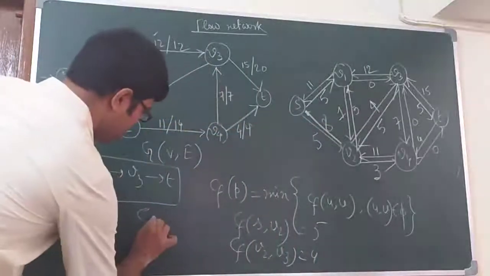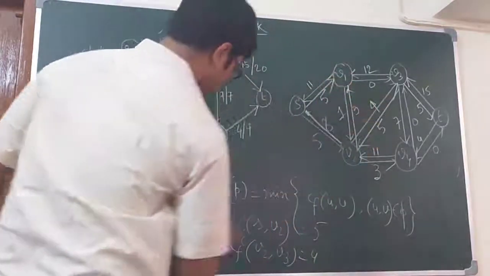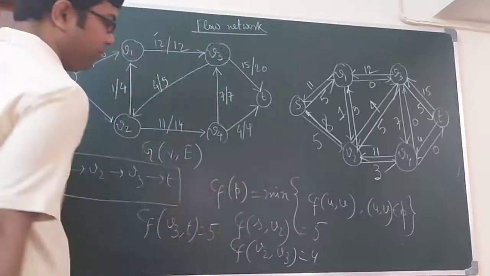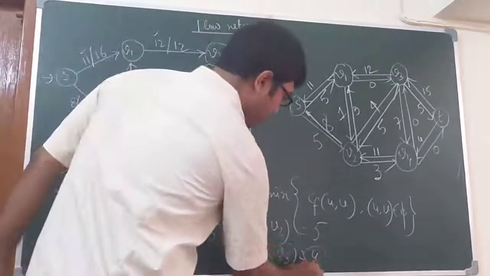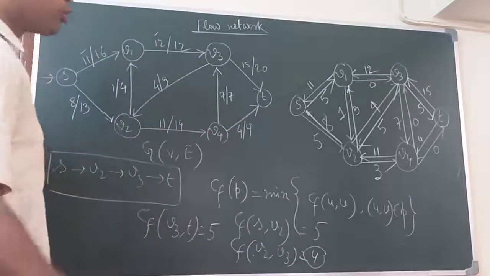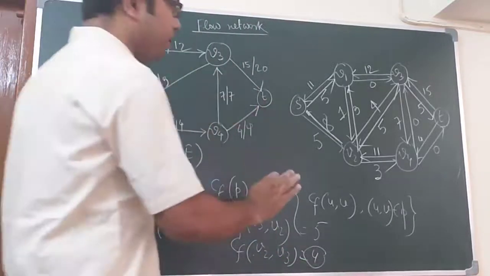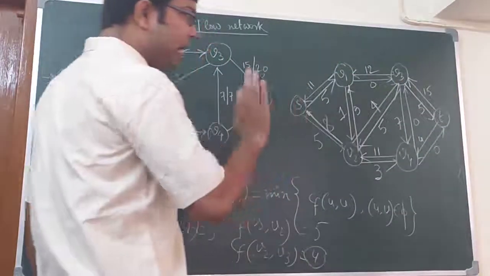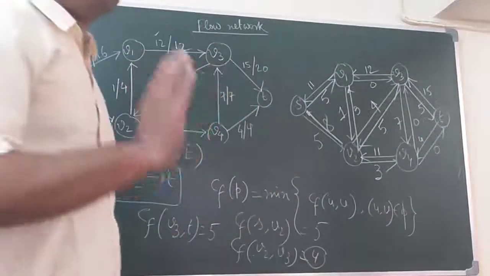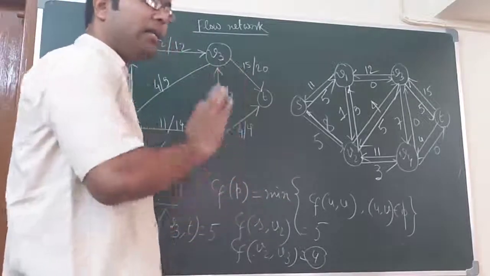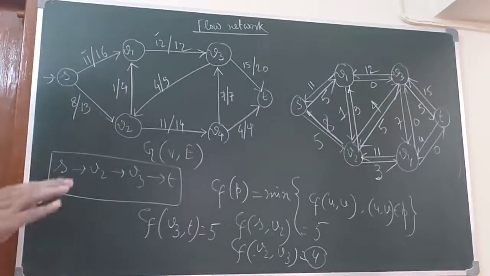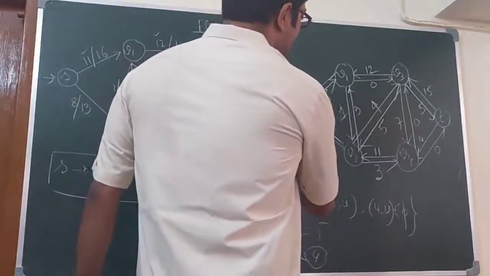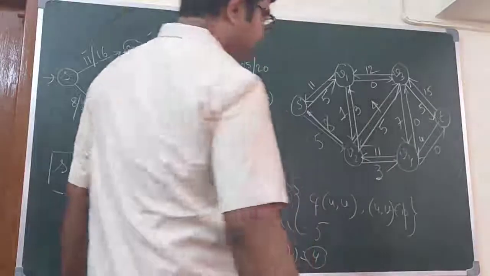And c_f of V3 to T, the amount is 5. So which one is minimum? Obviously 4, that is V2 to V3. So in this augmenting path, S to V2, V2 to V3, V3 to T, we can increase the flow by an amount 4. That satisfies flow conservation as well as the capacity constraint. So we can increase up to 4 amount of flow.